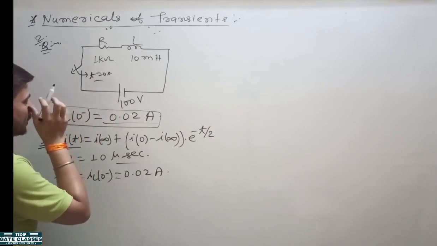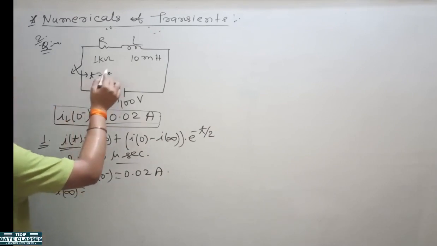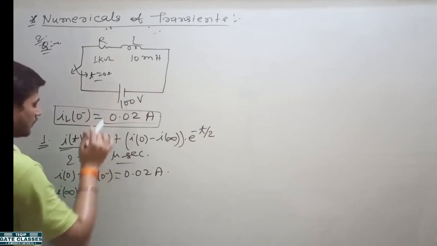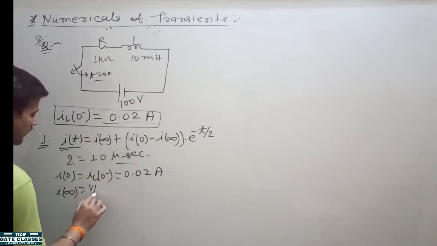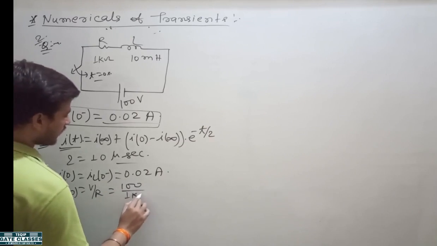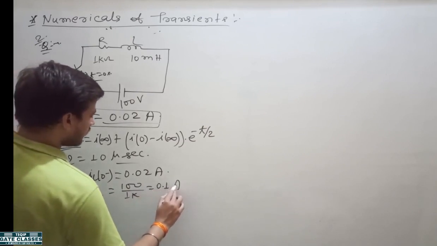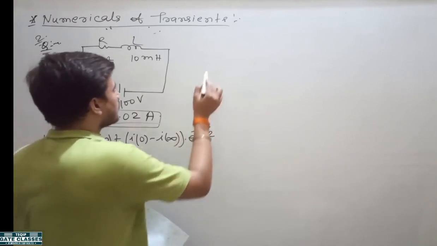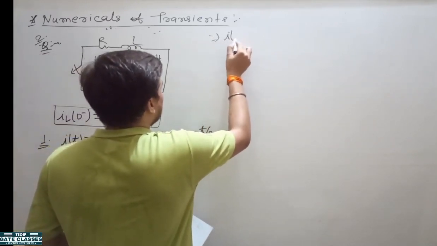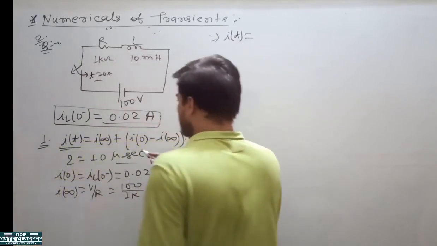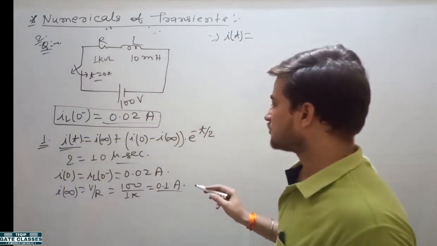When the time t tends to infinity, inductor will be replaced by a short circuit. So here it will be equal to V by R. So 100 divided by 1K, that means 0.1 ampere. So we got I infinity. That's why we write IT equal to I infinity plus I0 minus I infinity. So I infinity is how much?